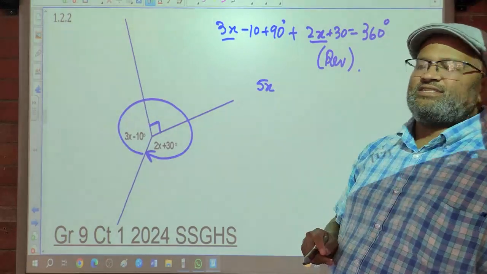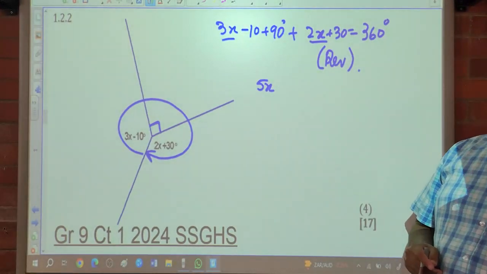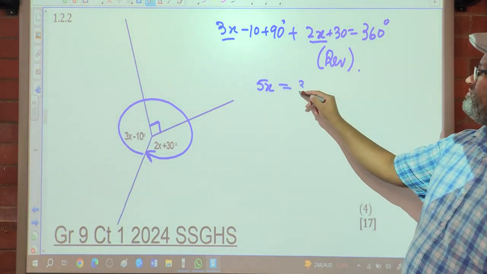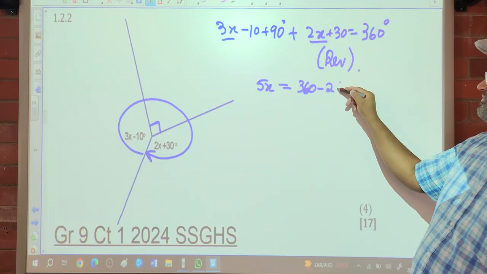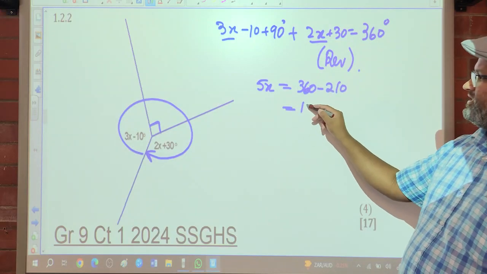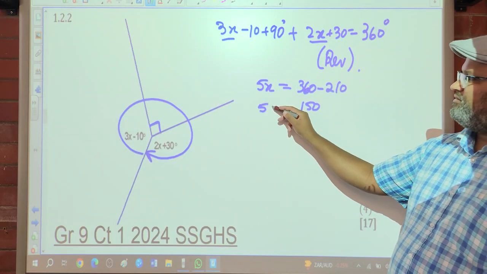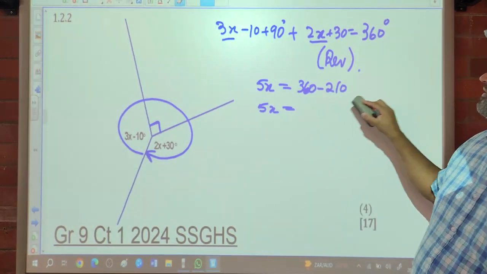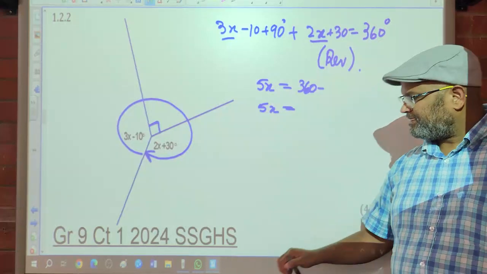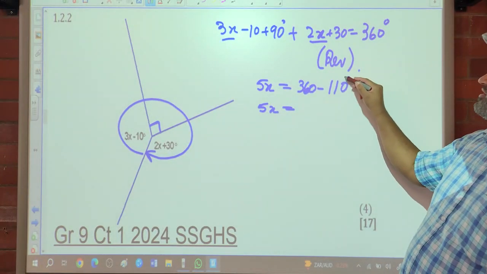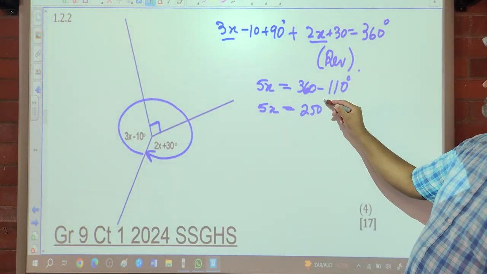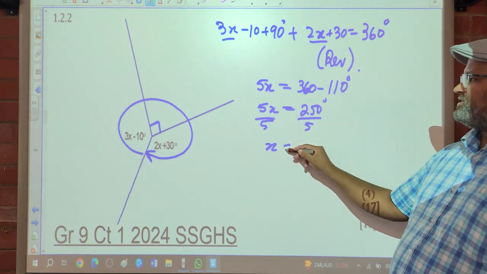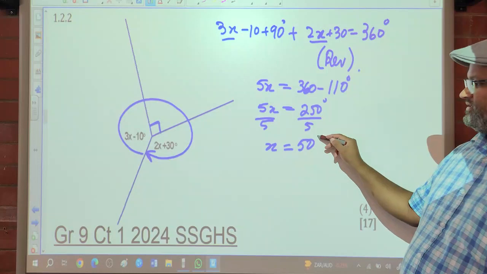Minus 10 plus 90 is 80, plus 30 is 110. So it's going to be 360 minus 110, which gives you an answer of 250. Divided by 5. So x works out to be 50.